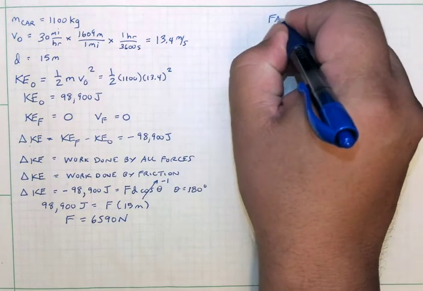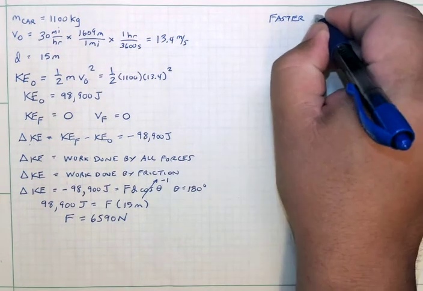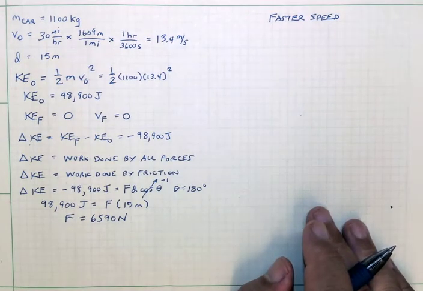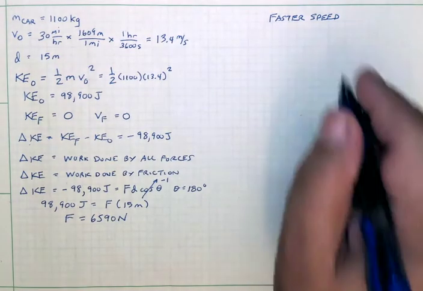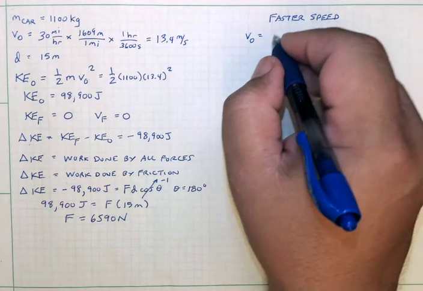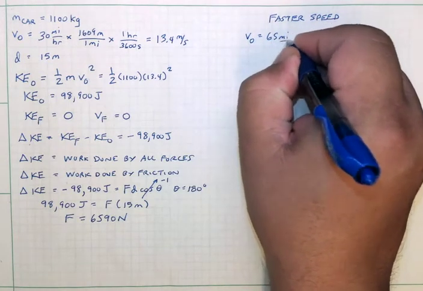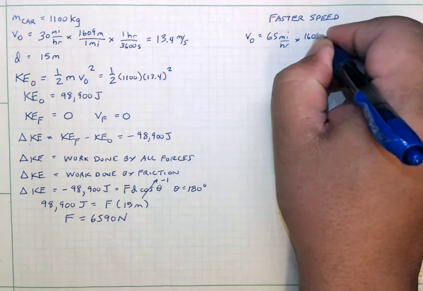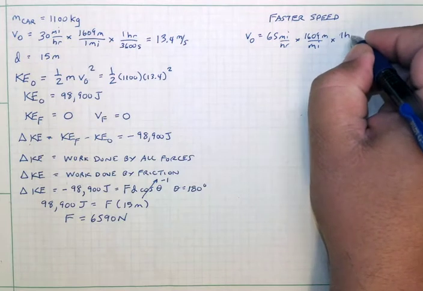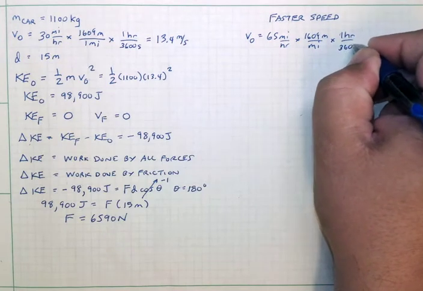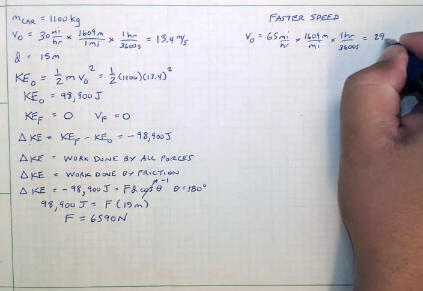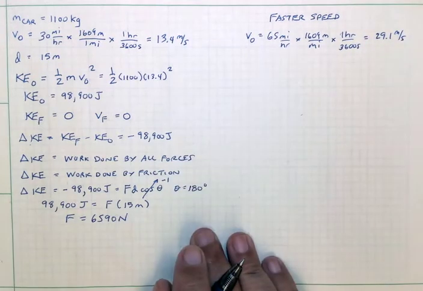For the faster speed, we retain that maximum force, and so we must recalculate the stopping distance. Therefore, we have a new initial velocity, which is going to be 65 miles per hour. We do the same procedure as we did previously to convert that miles per hour into meters per second, and we get that 65 miles per hour is 29.1 meters per second.